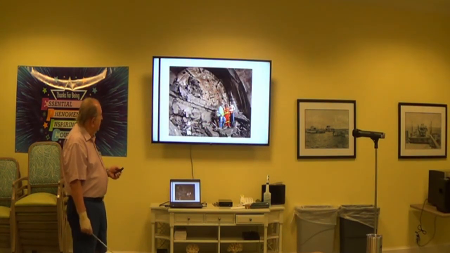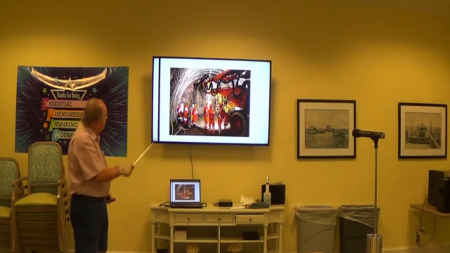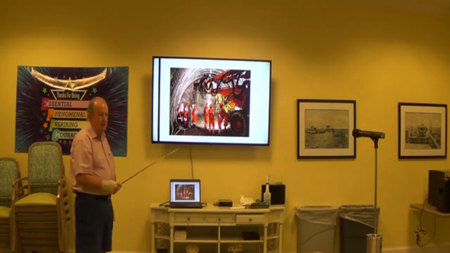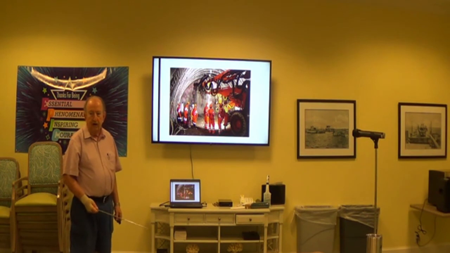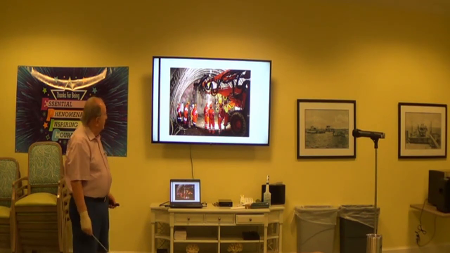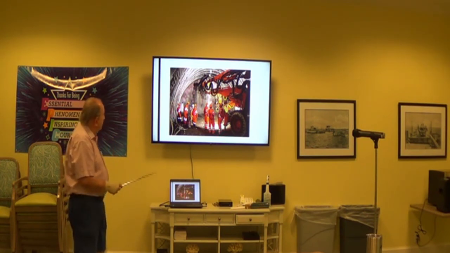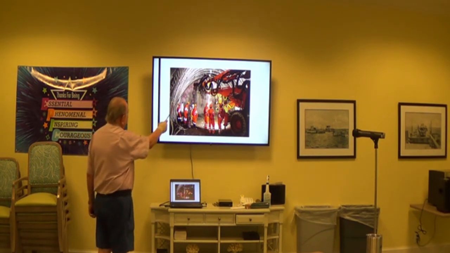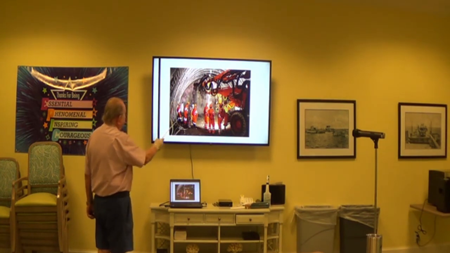Let me go back. Well, I'll show you this. What happens when you use the tunnel boring machines when the rocks are fairly hard and stable? Where the rocks are not stable, and you have cave-ins and things like that, they put in all of these reinforcements as they are tunneling. You can see they go up almost exactly to the face of the tunnel.